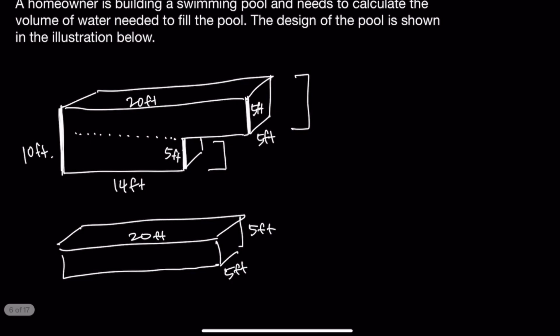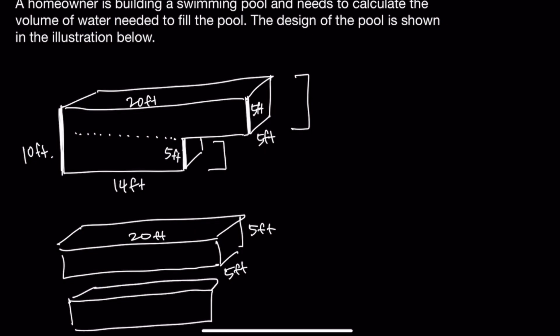The bottom rectangle, as we just said, has a height of 5 feet. It has a width of, it seems to be 5 feet as well, and a length of 14 feet.